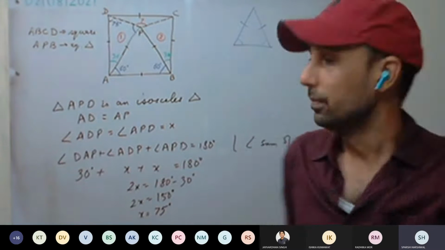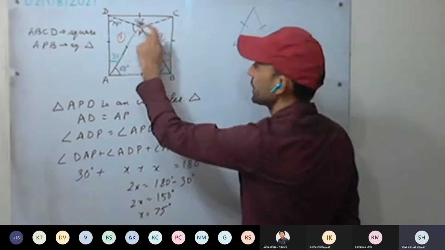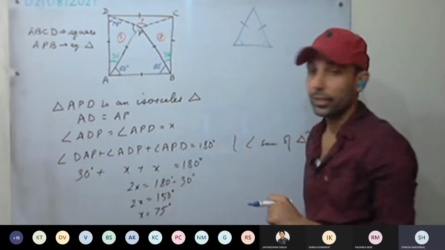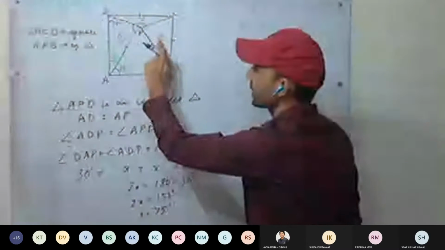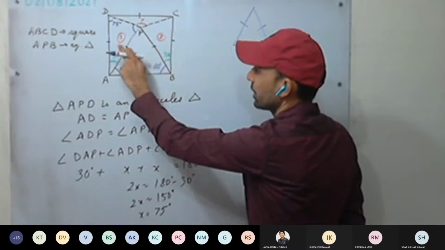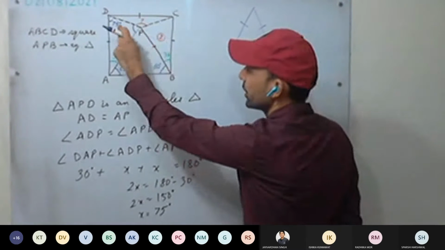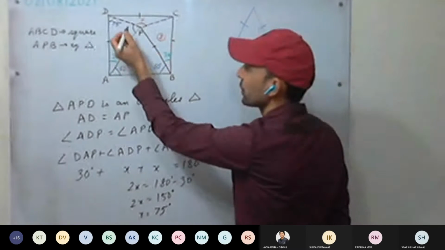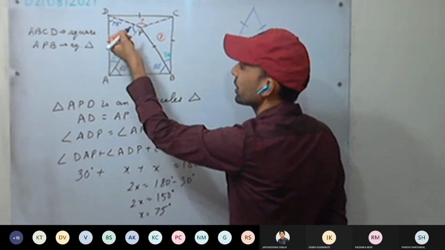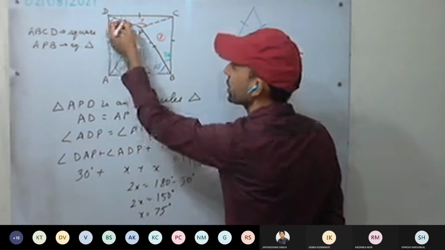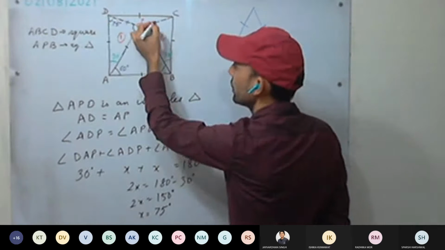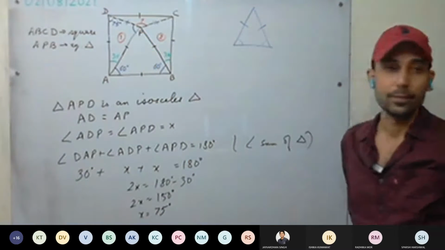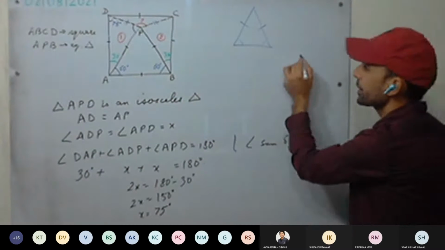DPC, what kind of triangle? We have proved these two triangles are congruent. If these two triangles are congruent, it means corresponding parts are also equal, they can be angles or sides. It means this side is equal to this side.